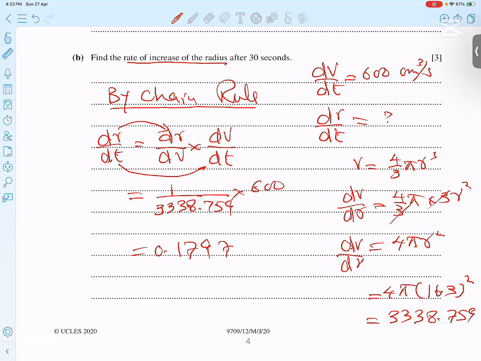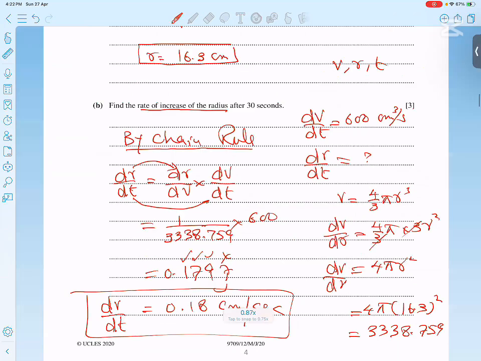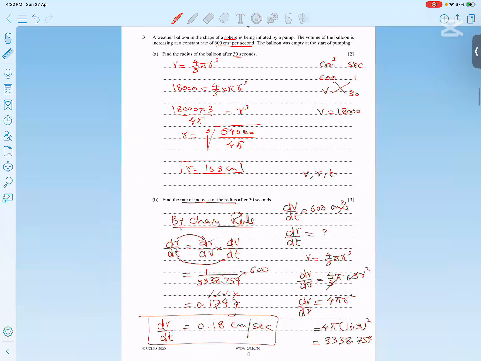But we have to answer in 3 dp. So when I round it, 79 becomes 80. So 0.18 is our required answer. Centimeter per second, because radius over time. So I hope the concept is very, very clear. And this question is completely over.